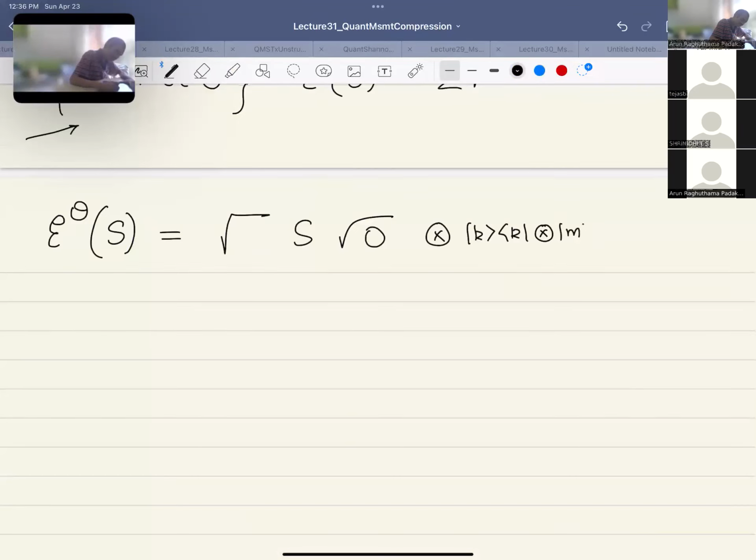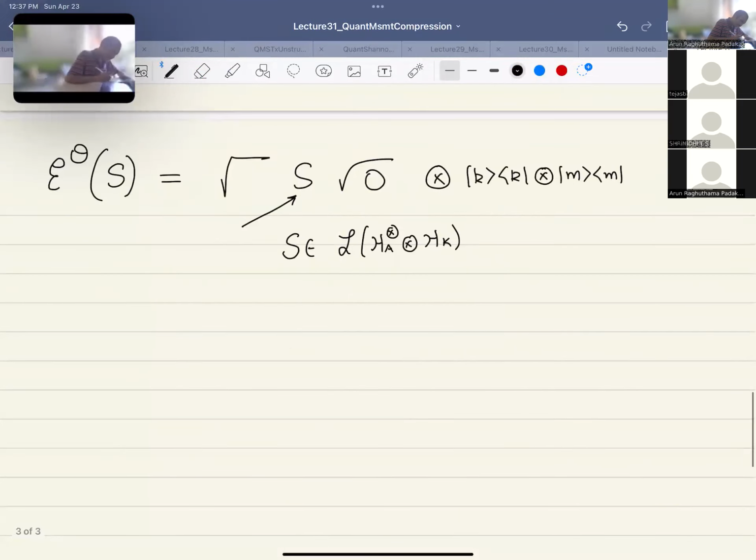That's really what it has to do because that's your outcome. Now this S lives inside L of HA tensor HK. I have put both of them. Always, this is kind of the way it works.